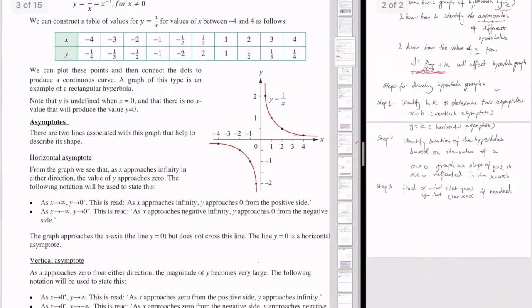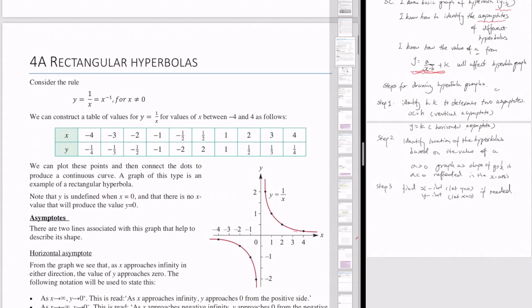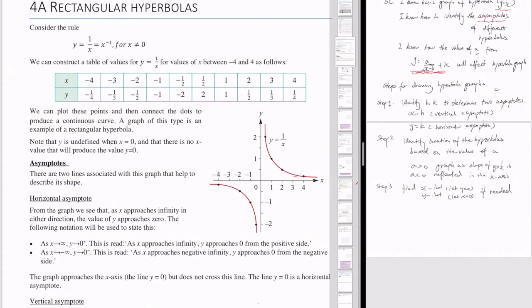Coming back to our notes. Okay, so we know y equal to x to the power of -1 is equal to 1 over x. So the graph for y equal to 1 over x is over here.